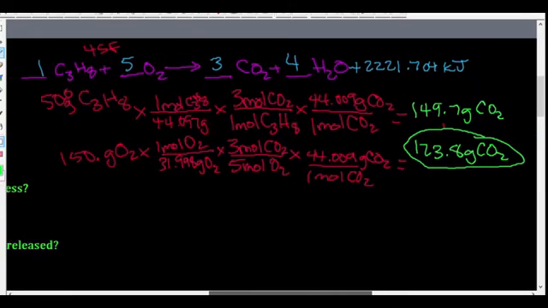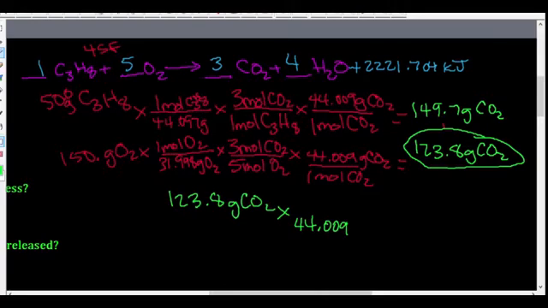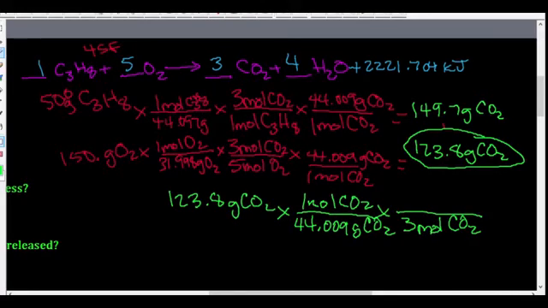So how much energy will be released? This is where it works in our favor to have it as part of the reaction. I know that I made 123.8 grams of CO2. I'm going to convert this back into moles so I can use my mole-to-mole ratio. So 44.009 grams of CO2 is going to give me 1 mole of CO2. And for every 3 moles of CO2, I get 2,221.704 kilojoules.